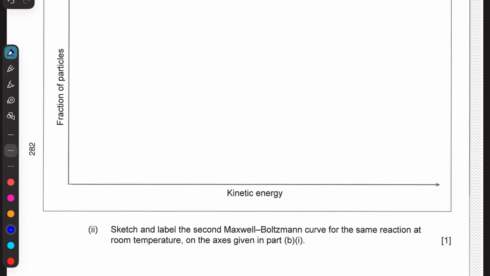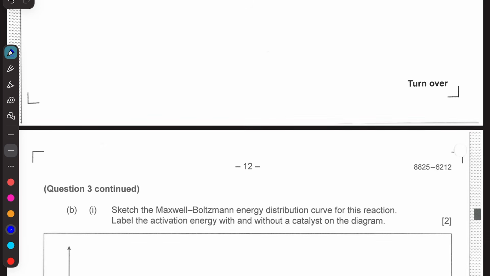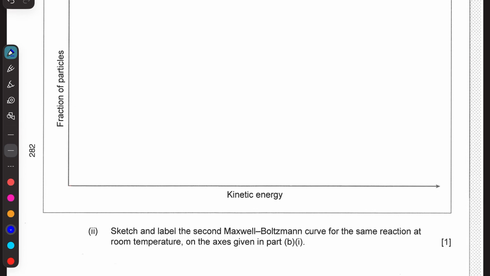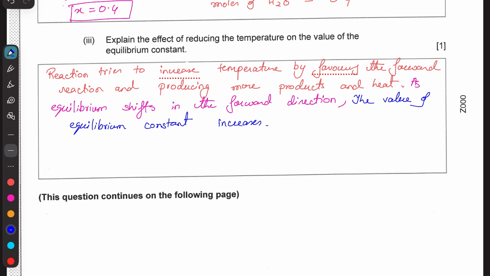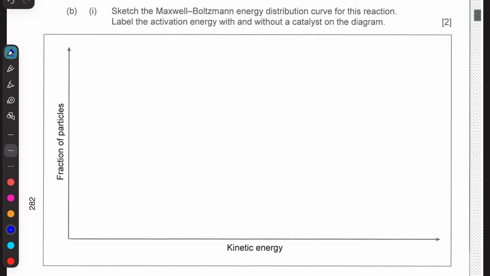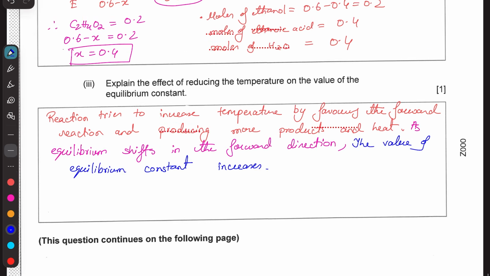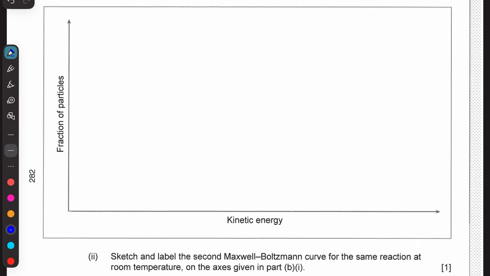So, moving on to the last set of questions. Here's the Maxwell-Boltzmann energy distribution curve. Label the activation energy without a catalyst. Oh, wait, one second. It says 60 degrees, so I'll just write it for this one first.